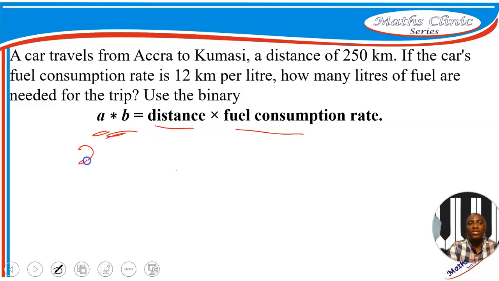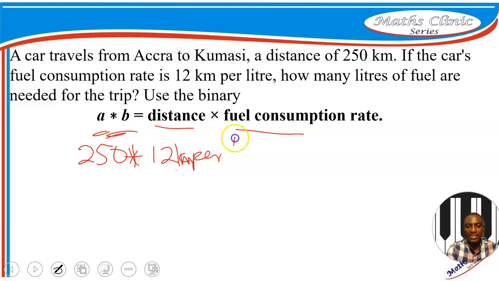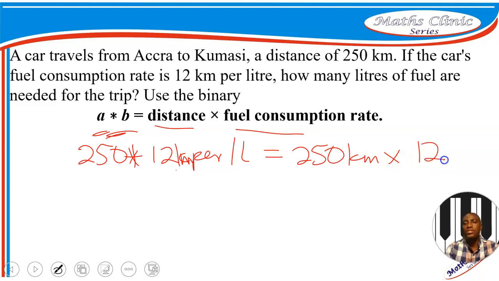So that maybe you're looking at 250 star 12 kilometers per liter. Okay, then it's going to be the distance traveled, which is 250 kilometers, times the fuel consumption, that is the 12 kilometers per liter.